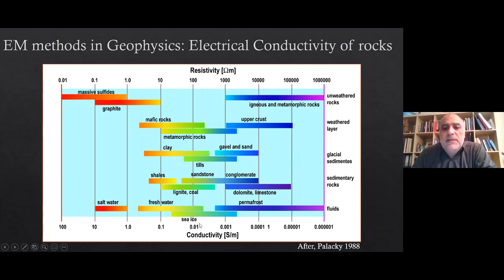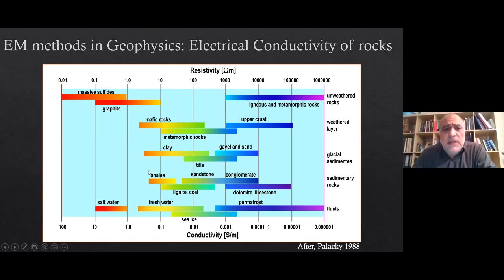And please note here, the conductivity is the inverse of resistivity or vice versa. So I may use resistivity or conductivity throughout the talk, but they are just the inverse of each other.